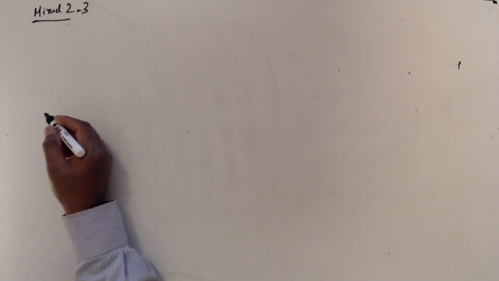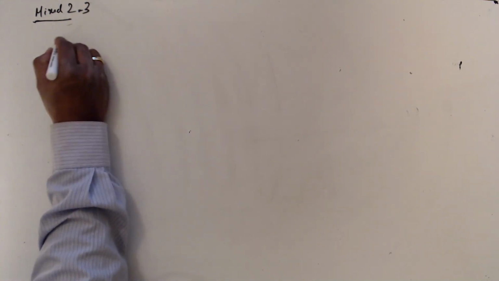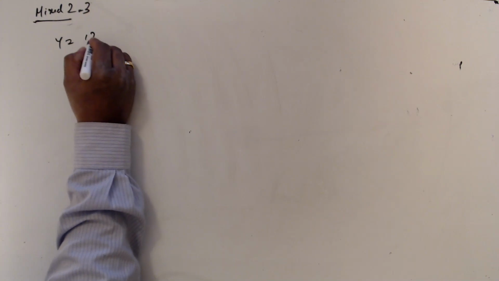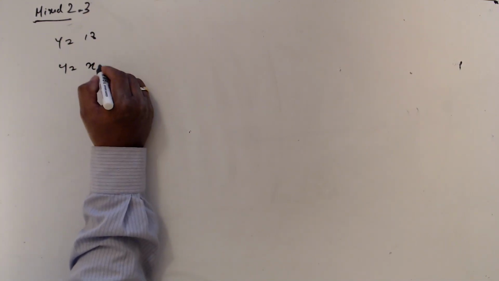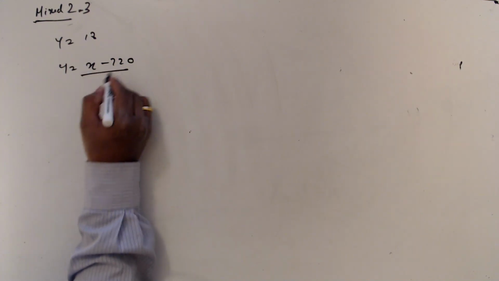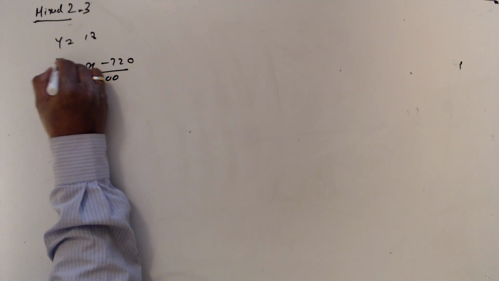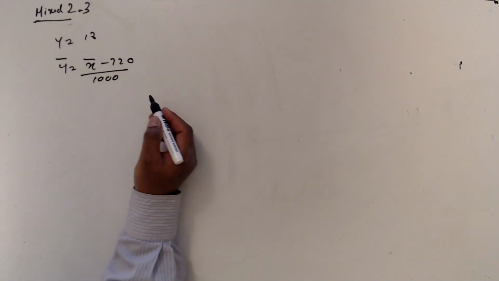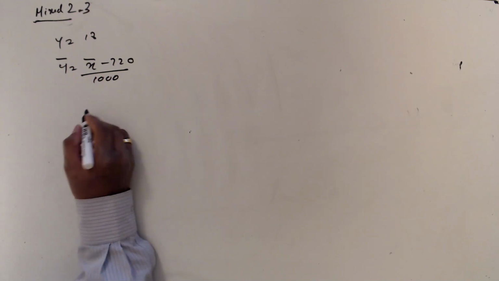Question number 3. The coded mean is given. That means y bar is given, 18. The code is given: y equals x minus 720 over 1000. And we can apply the bar because I showed you that.